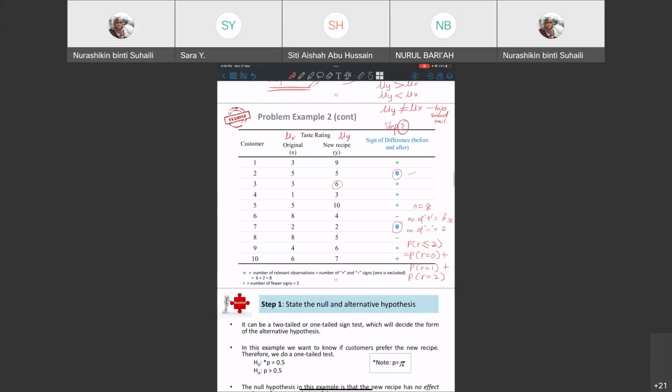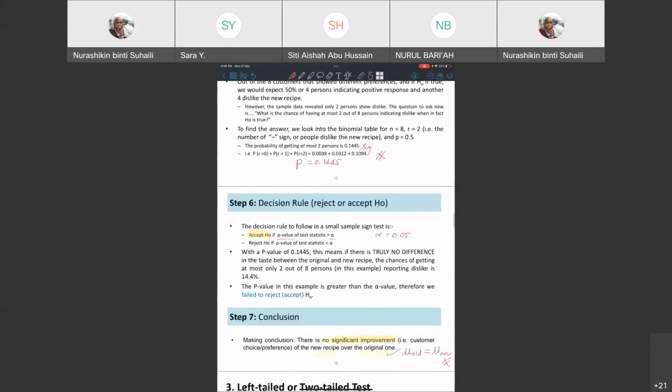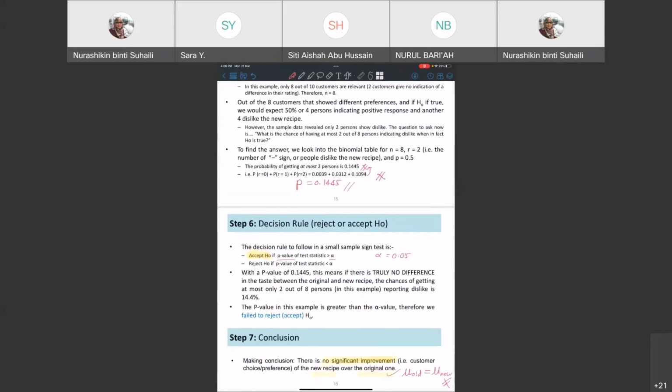Just now we took 0.1445 and compared it with 0.05. This is because it is a one-sided tail situation. Go back to the alternative hypothesis: it's only one sign, less or greater.